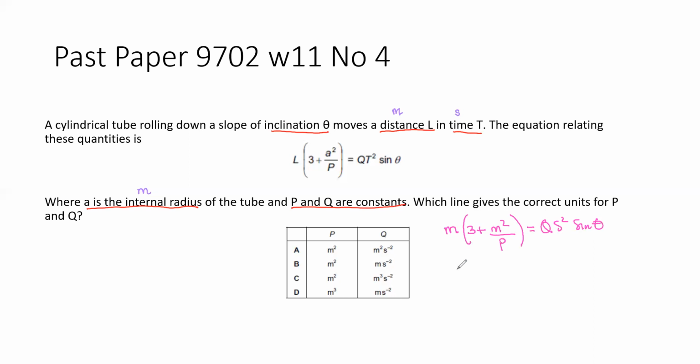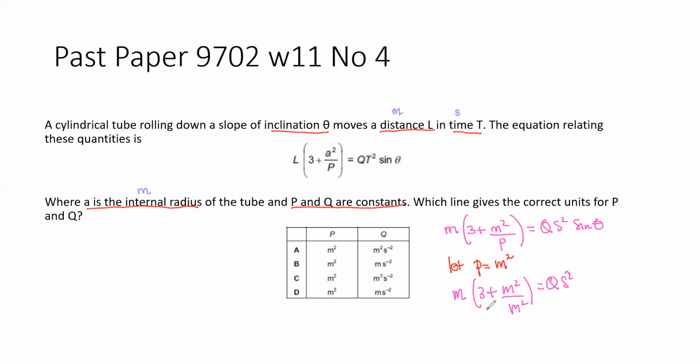Now, how do we find the unit of q or the unit of p? Let the unit for p be meter squared. Then I can input the unit for p in this equation. So m brackets 3 plus m squared over m squared equals q s squared sin theta, which has no unit.